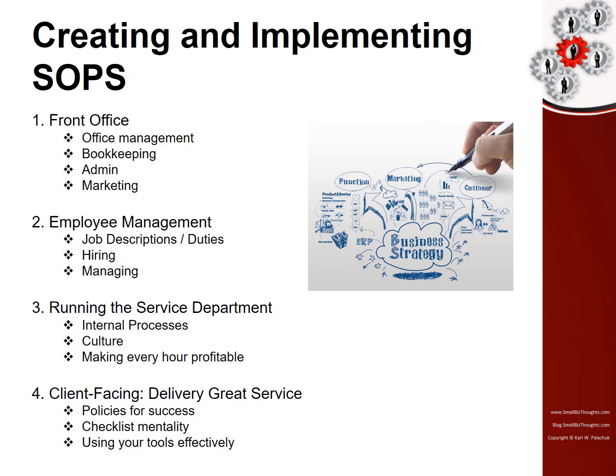Then there's running the service department. By running the department, I mean actually this is the job of the service manager to get the techs in line to create processes for success. How do you prioritize tickets? How do tickets move through your system? What are the statuses that you use?